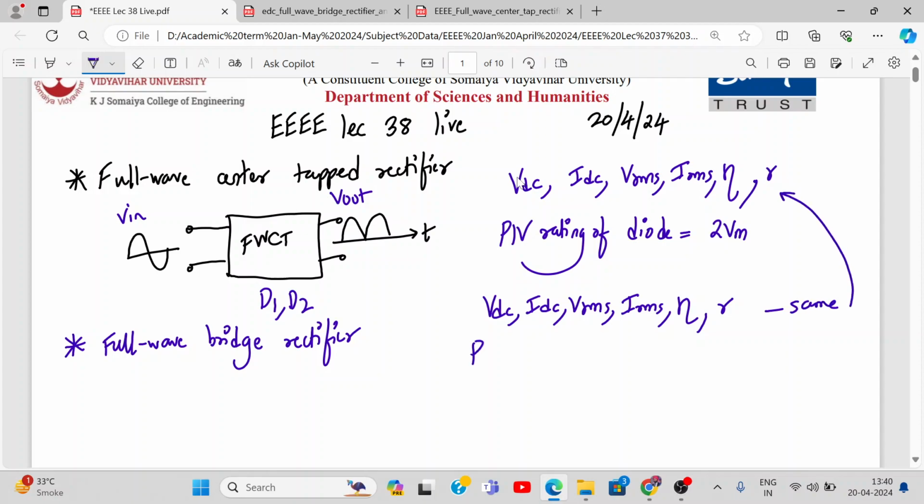But the PIV rating of the diode in the full wave bridge rectifier is not 2 VM, it is VM. We will see the waveforms over here.